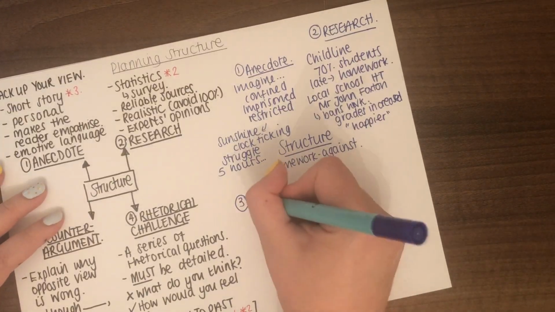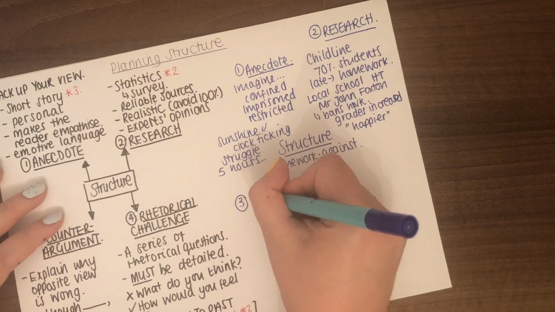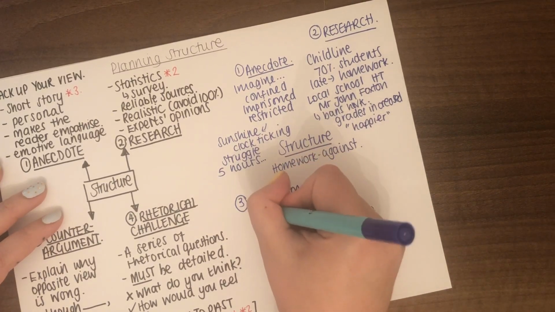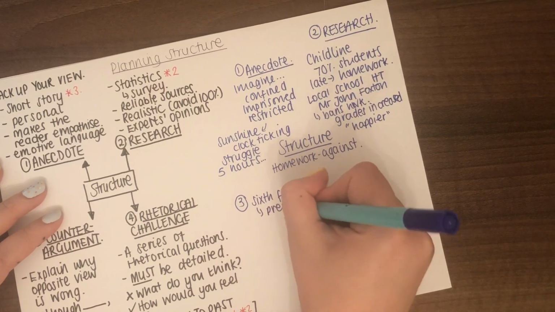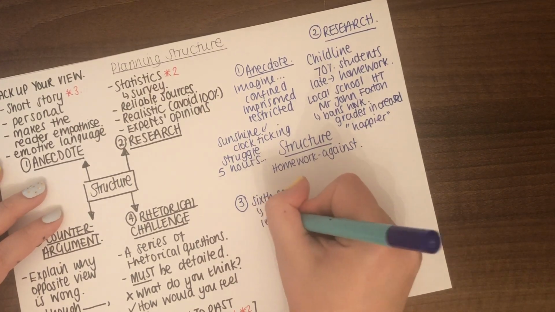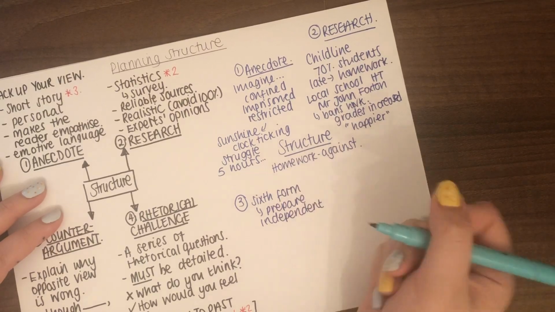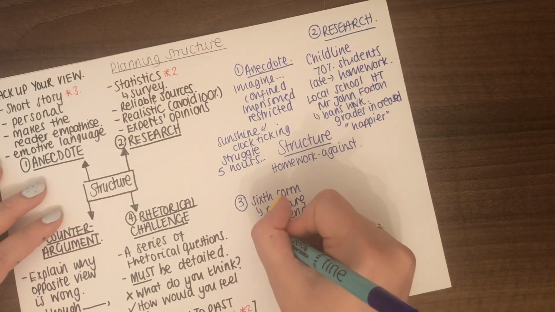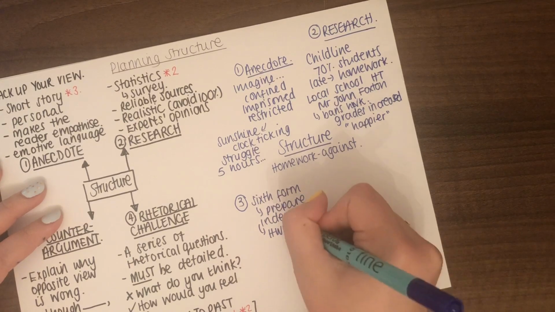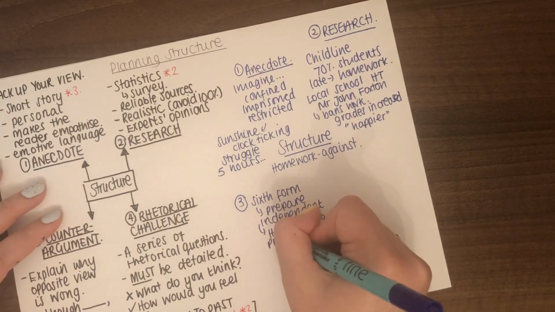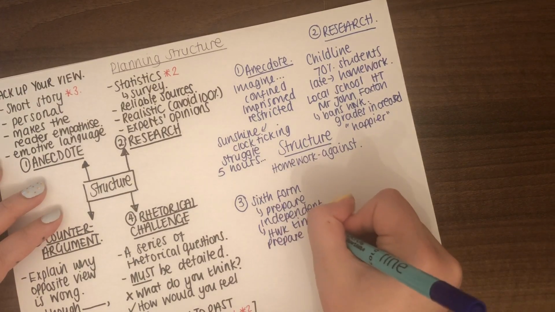Let's go for sixth forms maybe. They think homework is good because it prepares students to be independent. But if they are spending so long doing homework, they won't have time to prepare for things like sixth forms. That's how I'm going to counter it.